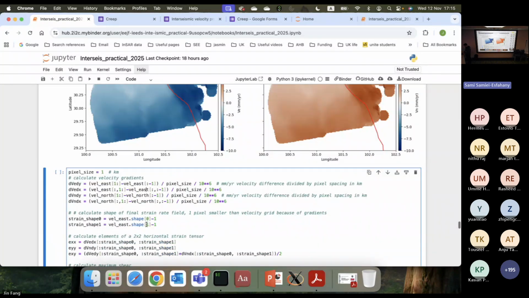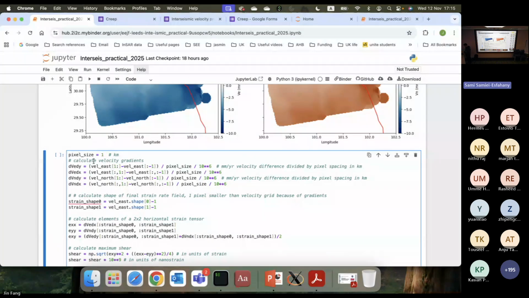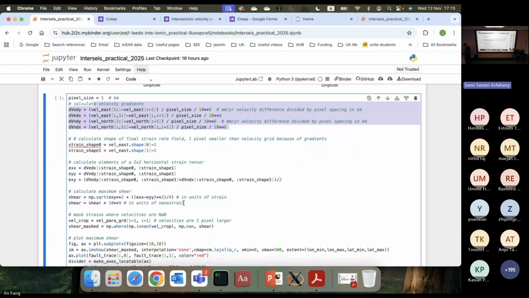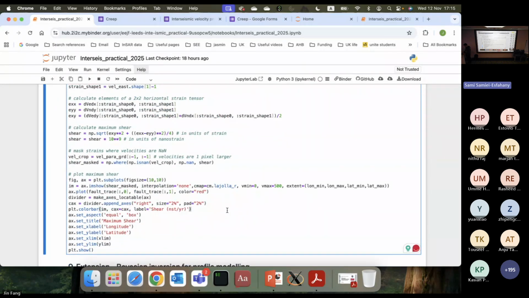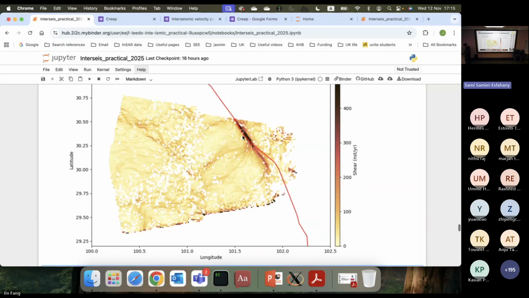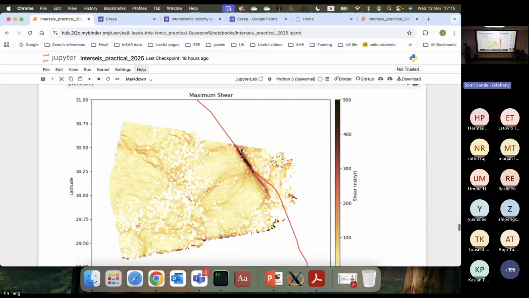Then we take the velocity gradients and calculate maximum shear strain, and we plot the shear strain in a 2D map. So here we go. We've got this localized strain aligning with the central fault trace, highlighting the area of concentrated deformation.